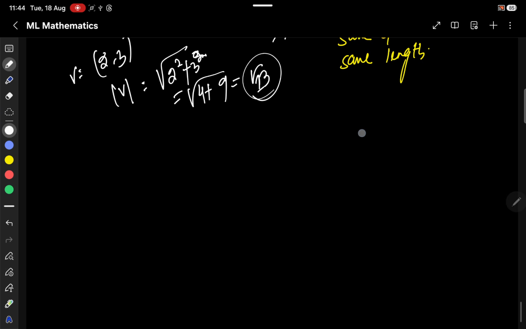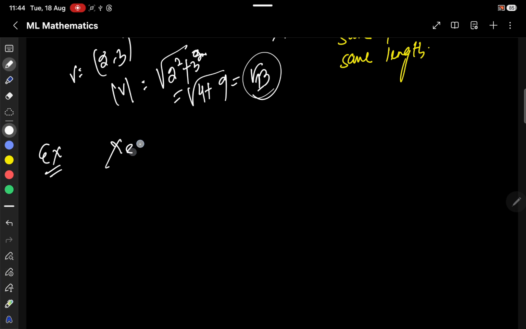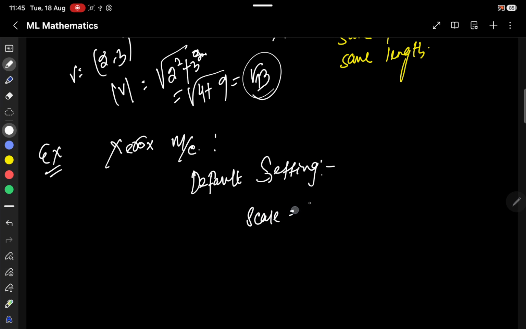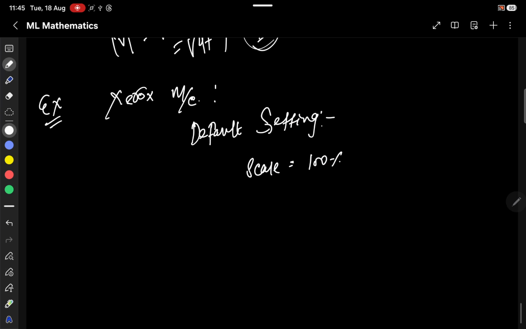So how is this going to have an impact, or what are the use cases? Think about a photocopy machine, a Xerox machine, which is the best example. If you have a Xerox machine with default settings, the default setting says your scale should be 100%, that means 100% visibility with clarity.